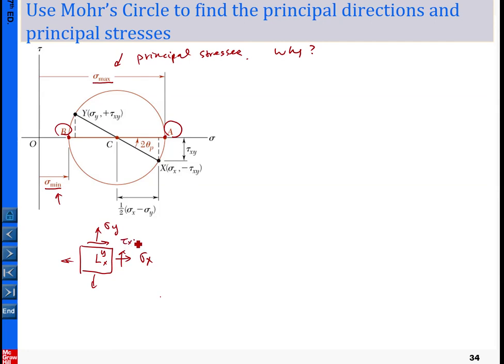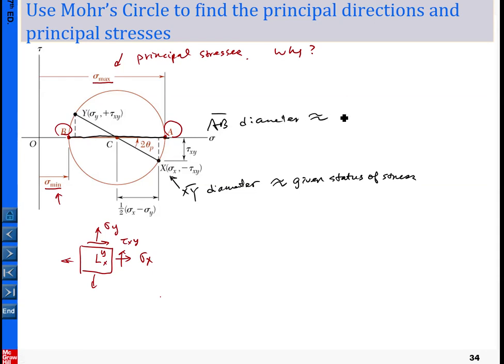Okay, so for example like this one, then we're going to begin to rotate. In the Mohr circle, you can see the xy diameter represents our given state of stress, and the AB diameter represents the principal stresses.